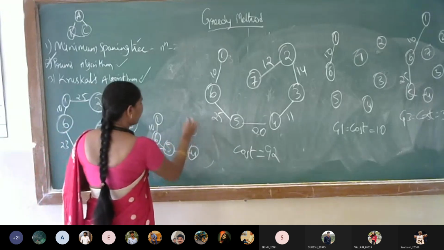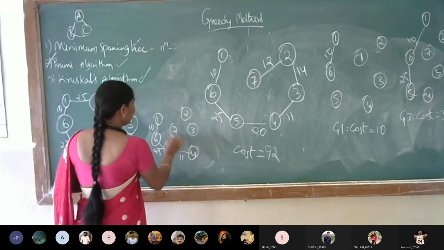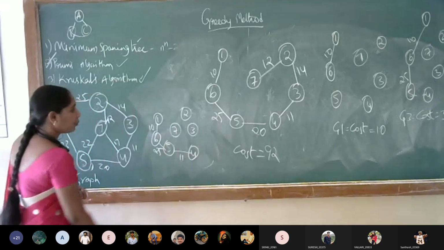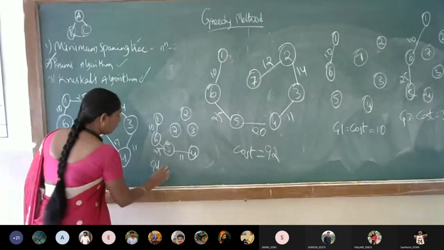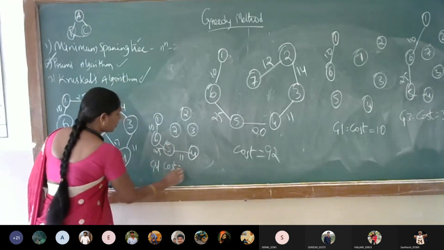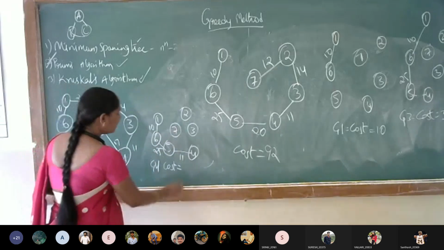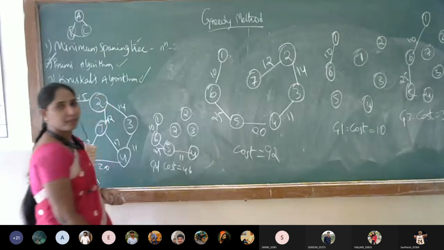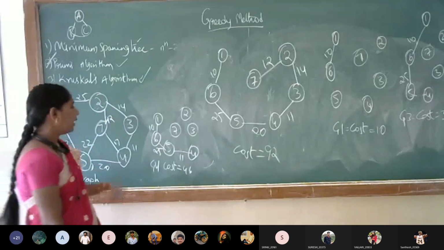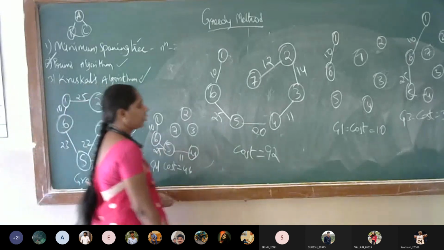Then 3 will be kept as it is, 2 will be kept as it is, and 7 will be kept as it is. This is about graph 3. In this graph we are having the cost 35 plus 11, 46. Next graph you need to calculate.